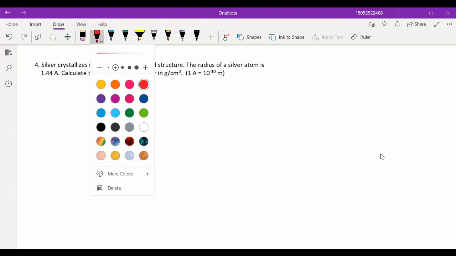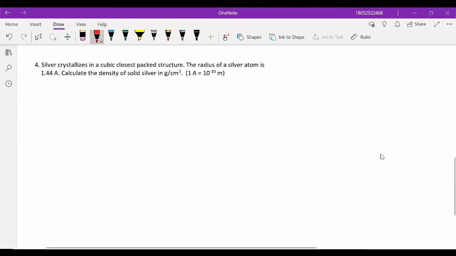Okay, so we're going to do a density calculation of silver. And silver is crystallizing in a cubic closest packed structure. So this is also abbreviated as CCP, which is the same thing as face-centered cubic.